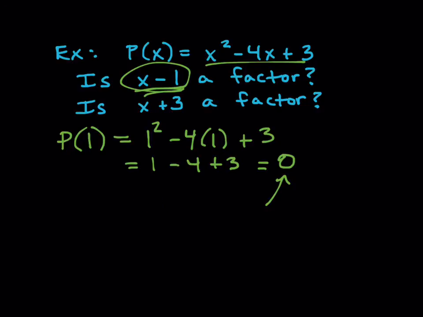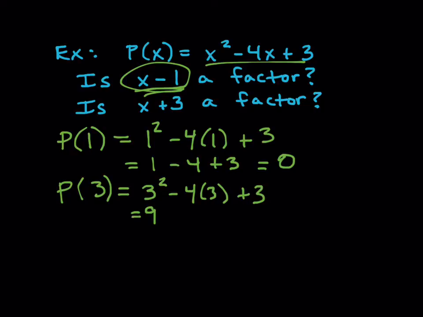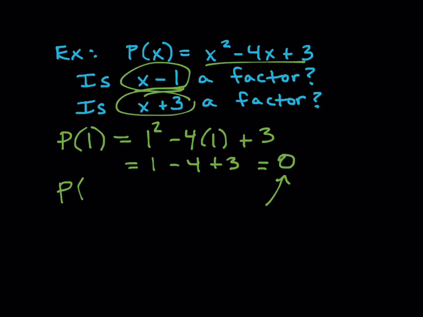How about x plus 3? Well, I could do the same thing. I can plug in 3 here. 3 squared minus 4 times 3 plus 3, and get 9 minus 12 plus 3. Oh, sorry. Hang on a second. Should be plugging in a negative 3, because the 0 that goes with x plus 3 is a negative 3.